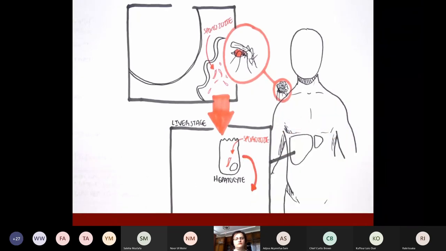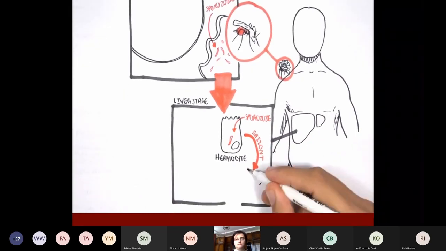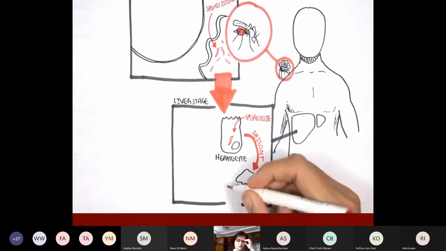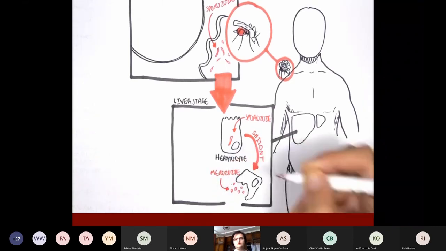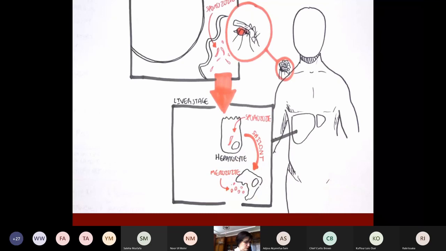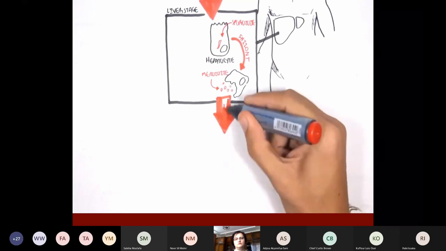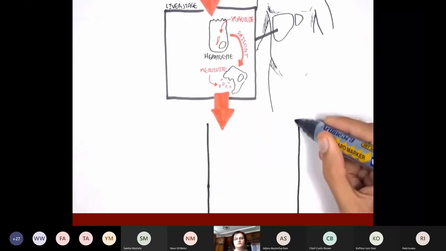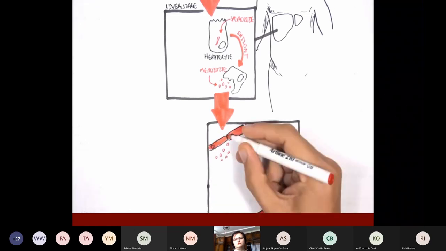Within the hepatocytes, the sporozoites replicate, mature into schizonts, and finally rupture, releasing many merozoites, another form of the parasite. These can be called the daughter parasites, which again have to mature. The merozoites then enter the human circulation, the blood.